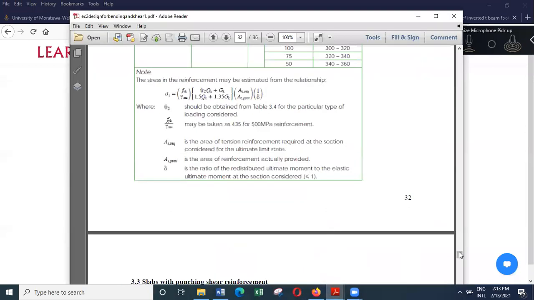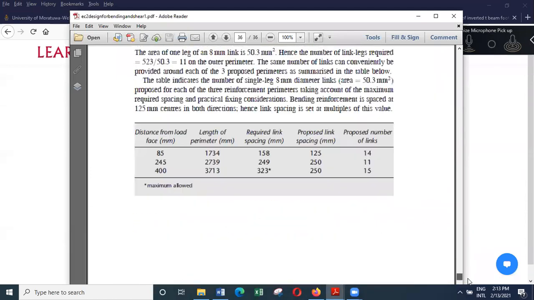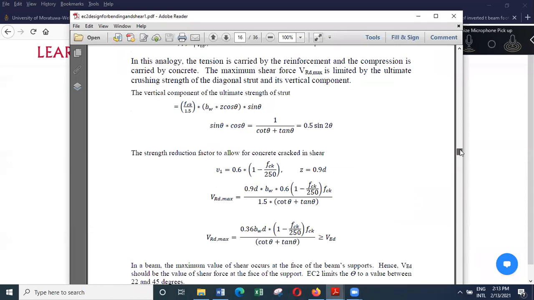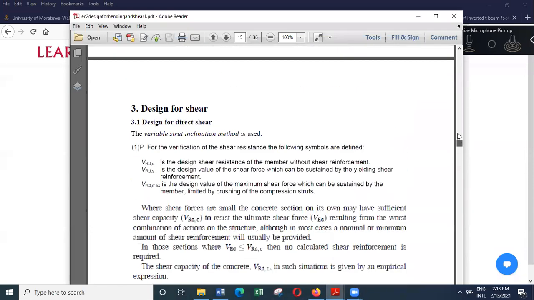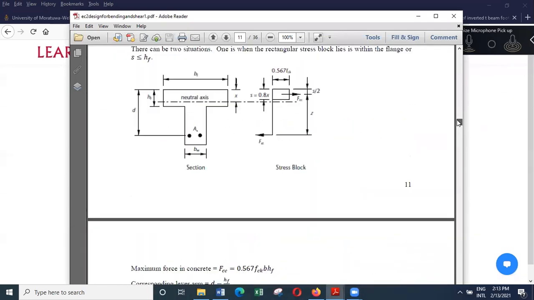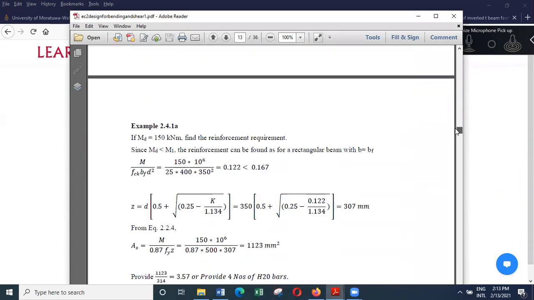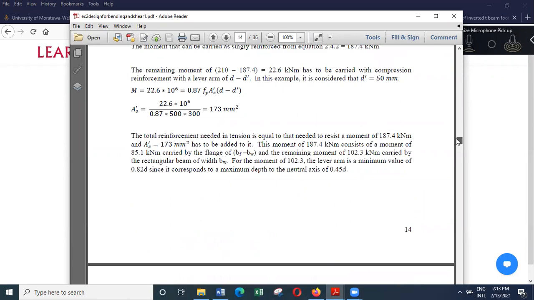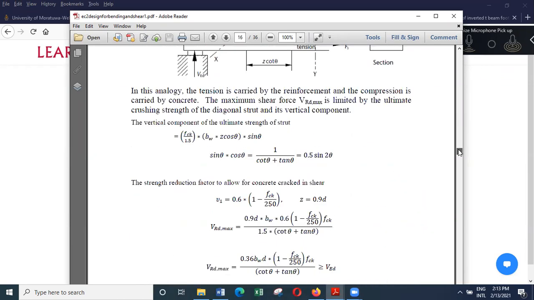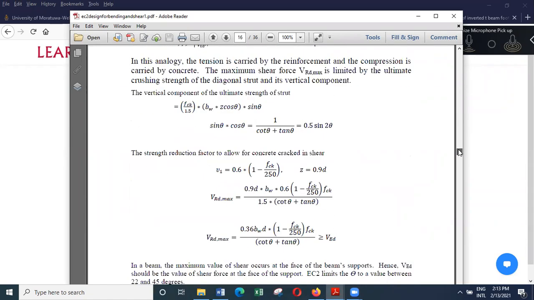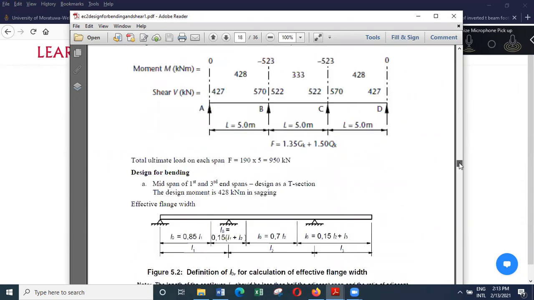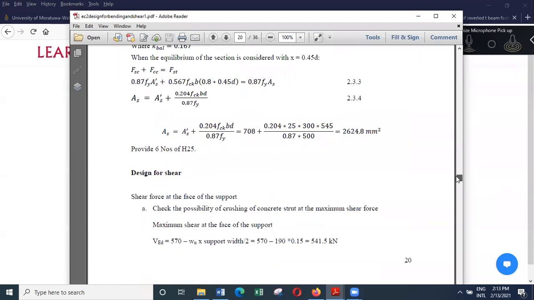Okay, last time we looked at a few things, mainly the shear, and we looked at an example as well.